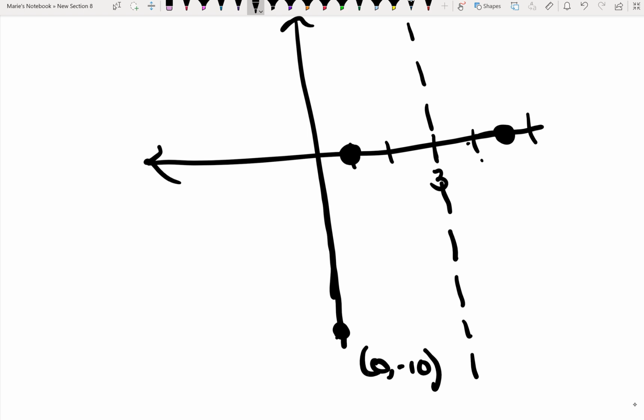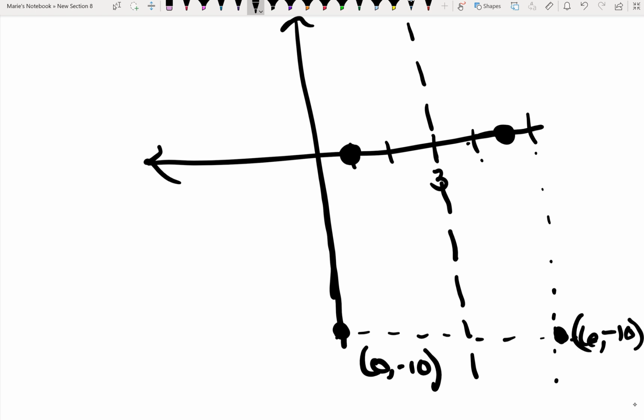So another 3-unit jump would be somewhere about the 6. So if I parallel these, this would be my other point, which would be, in this case, 6, -10, right? And you just count it out on the graph.